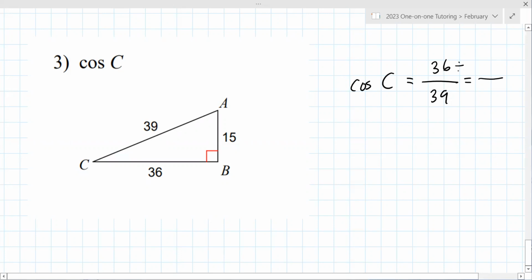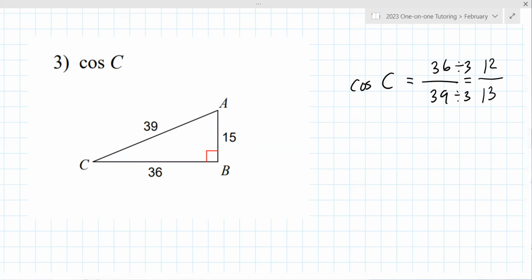Can you divide each of these by 3? I got it. What is your final answer? I know the answer. That is gonna be 12 over 13. Very good. All right, we're going to stop here for today.